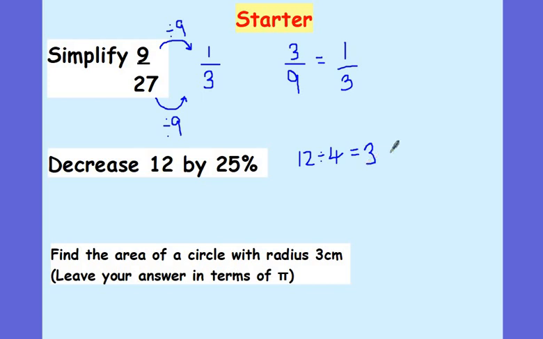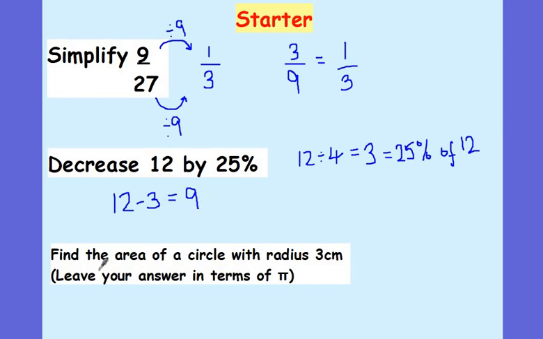So we know that 3 is equal to 25% of 12. Happy so far? The question says I need to take 12 and I need to decrease it by 25%. So I need to take my 12, subtract the 25%, so subtract 3, which leaves me with 9.